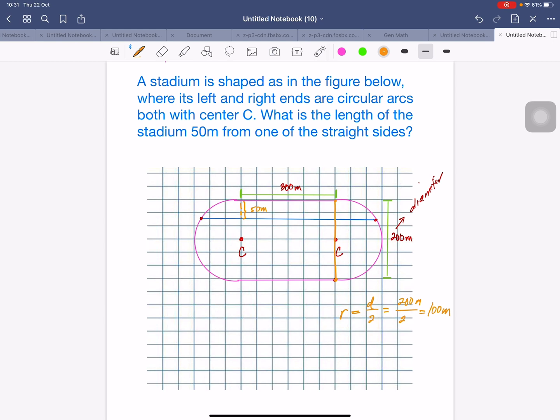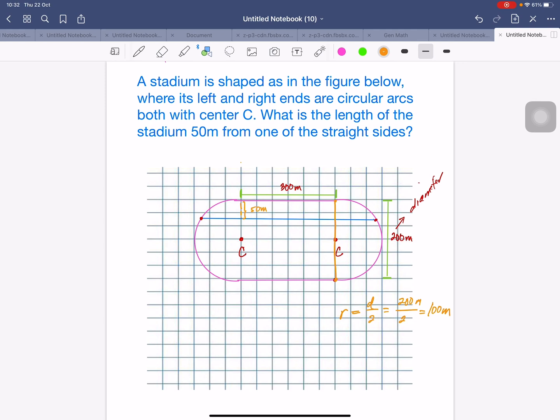Now, I will take one of the circular arcs here, and I will draw your Cartesian plane, your x and y plane.